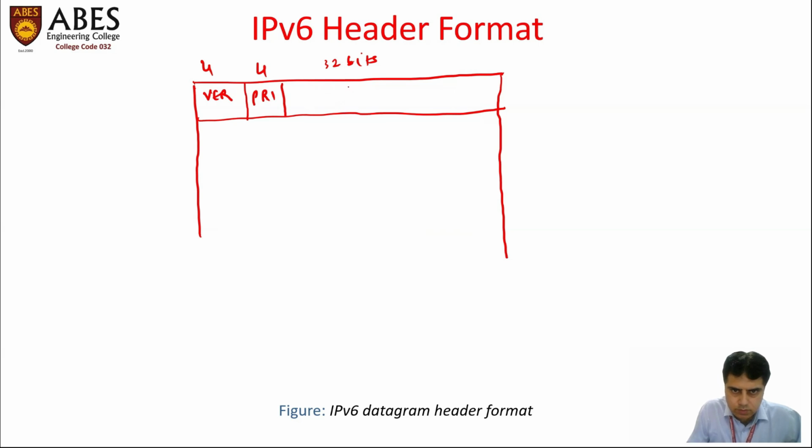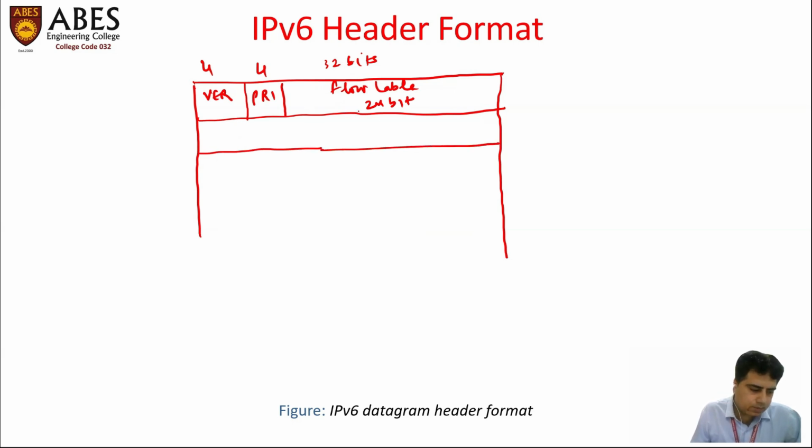Next, 24-bit is the flow label. Then 16-bit field is the payload length. 8-bit field is the next header. And 8-bit field is the hop limit.